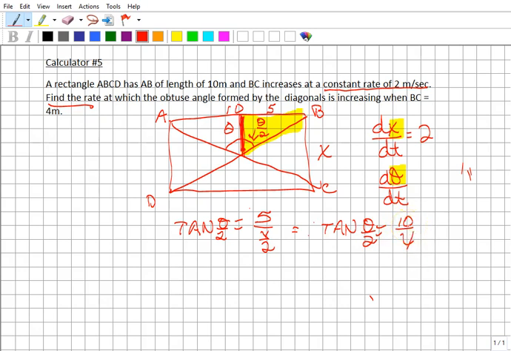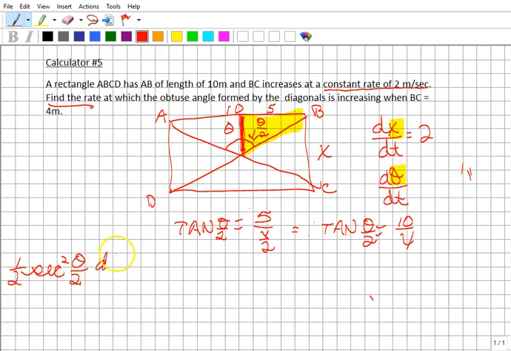Now once you get that equation involving only those two variables, then you differentiate that equation. So the derivative of tangent is secant squared. So it's the secant squared of theta over 2, and then the derivative of the inside, it's 1/2. So it's going to be 1/2 secant squared of theta over 2.